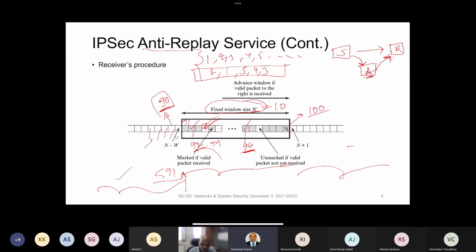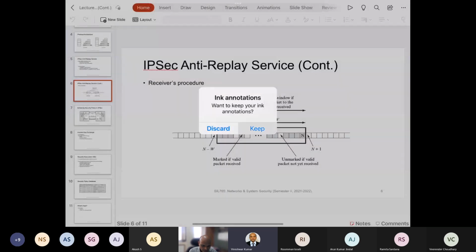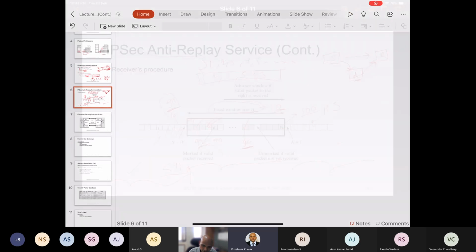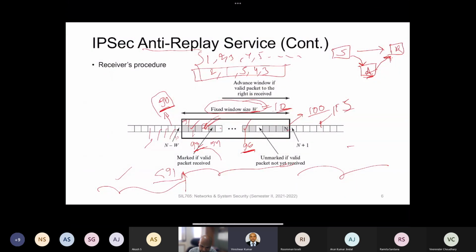So if your window is from 91 to 100, and you have already set the window size parameter as 10, then if you receive a packet as 105, okay, this pencil has stopped working.